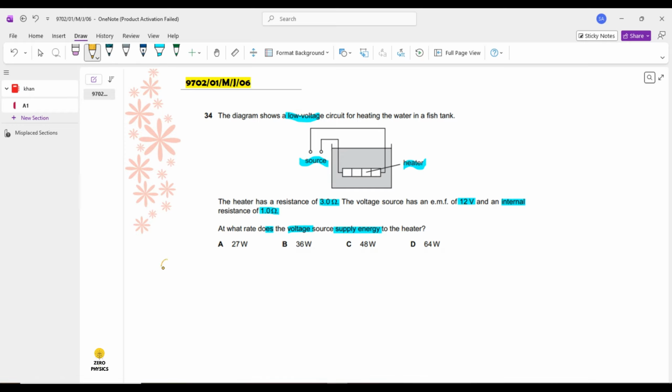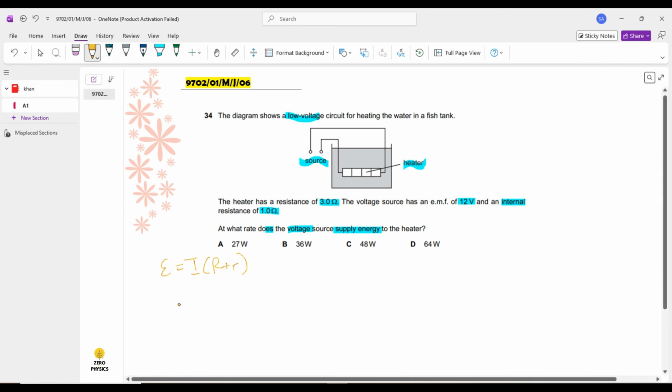We will use the formula E equals I(R plus r), where small r shows internal resistance, capital R shows external resistance, I means current, E means total EMF. We need to find current because that's how we will find power. If we make current the subject, I equals E upon R plus r.